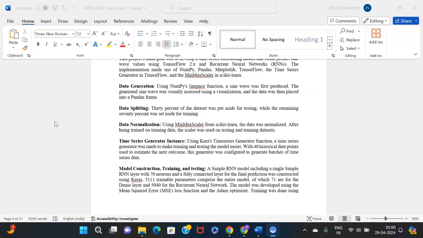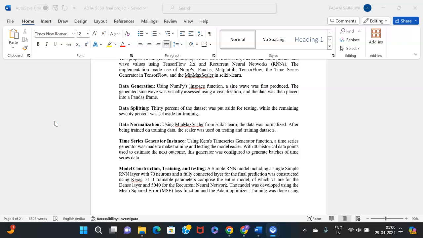Data splitting: 30% of the data was put aside for testing, while the remaining 70% was set aside for training. Data normalization using MinMaxScaler from scikit-learn: the scaler was fit on the training data, and then used on the testing and training datasets.